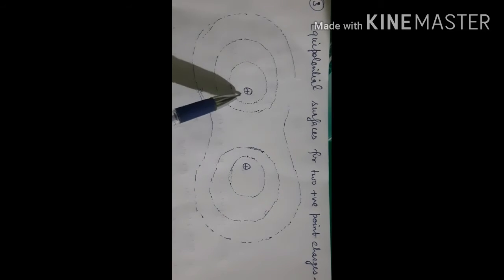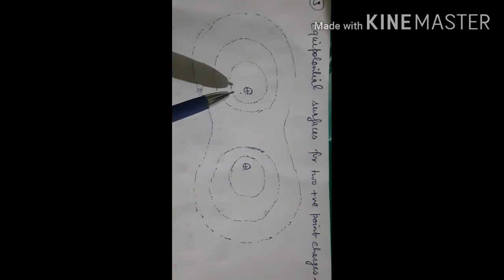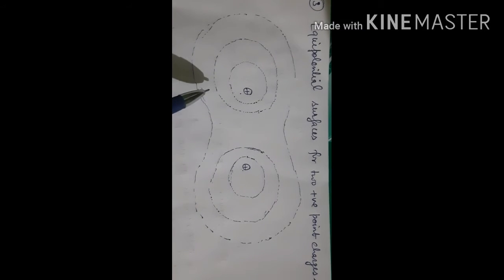Similarly, we can draw the equipotential surfaces for two positive point charges. But because of the presence of this charge, the shape of the equipotential surfaces gets changed, distorted. It becomes closer at this end and broader at the farther end.